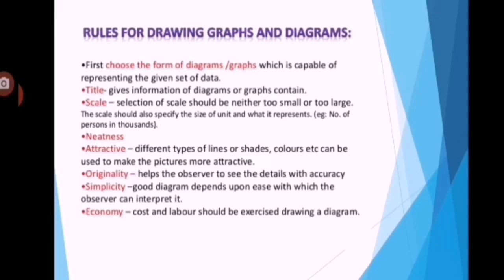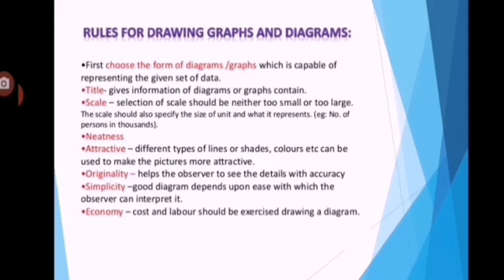Next, the title. It gives information on what the diagram or graph contains. Next, scale. The scale should be neither too small nor too large. The scale should also specify the size of the unit and what it represents. Example, number of persons in 1000. The scale is essential.